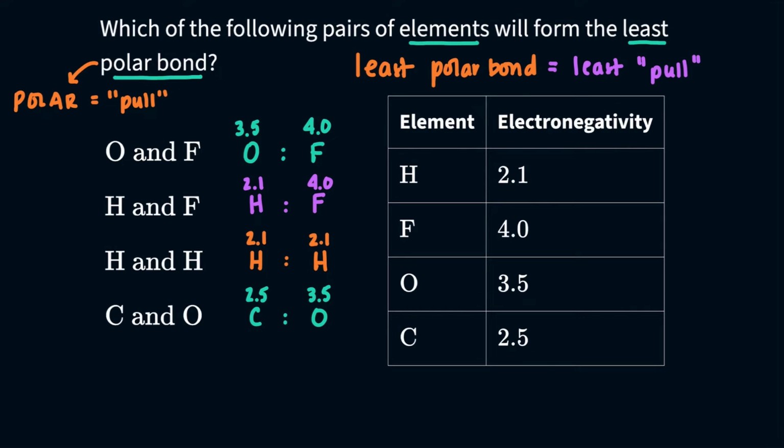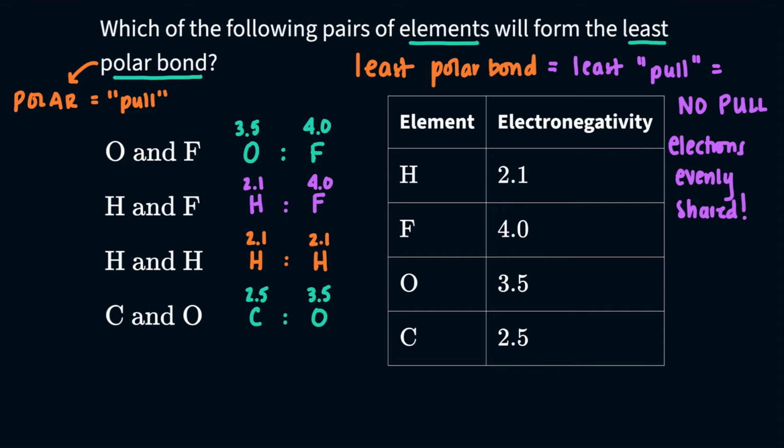Now, the least polar bond would mean the least pull. Technically, if you want the least pull, that means you want no pull, no selfishness, no greediness. We want those electrons evenly shared.